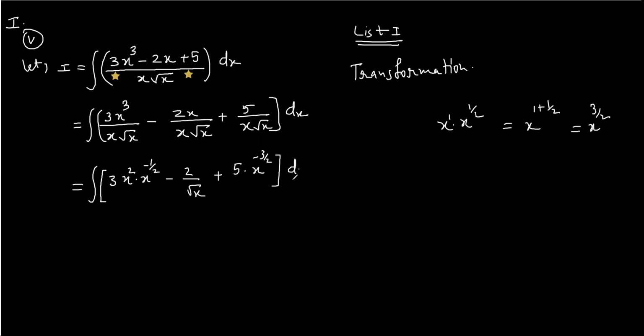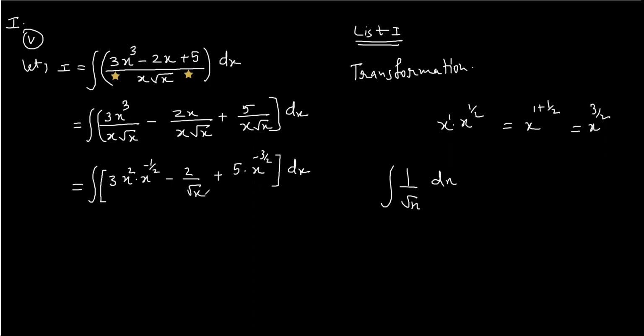So if you all are wondering why am I not taking this root x up, because see students, I'm working for the results which I have. I do have integration of 1 upon root x dx. I'm telling you, you learn those results by writing them again and again. If you do not know what kind of results you have with you, you will definitely not be getting the ideas.